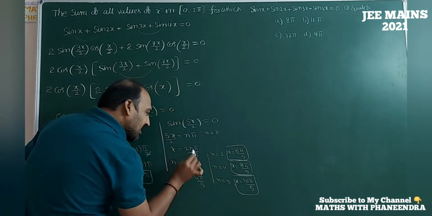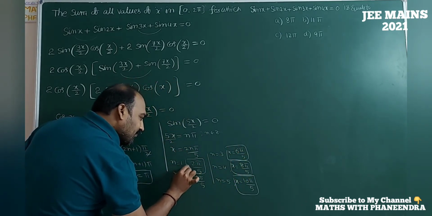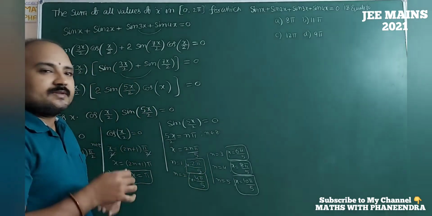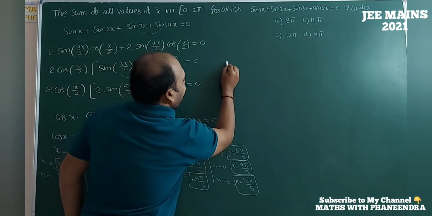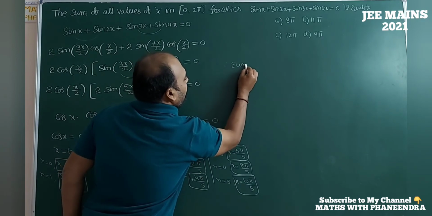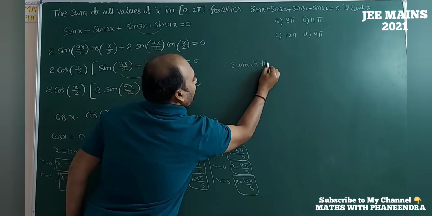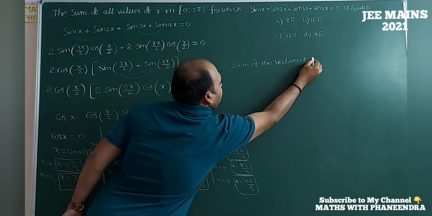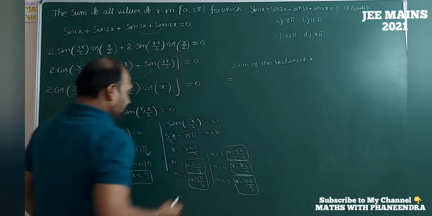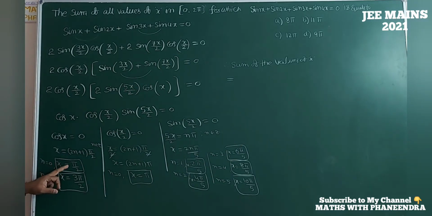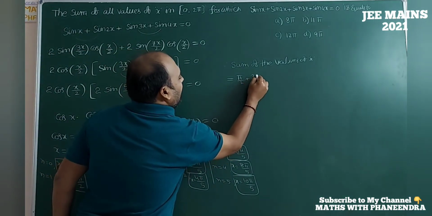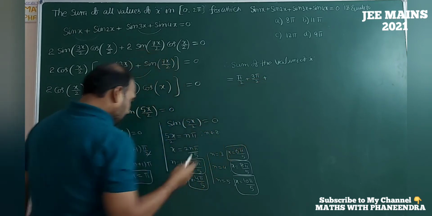So they are asking for the sum of these values. The sum of the values of x equals first pi by 2 plus 3 pi by 2, next plus pi.